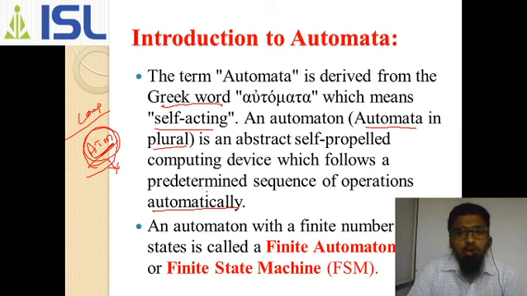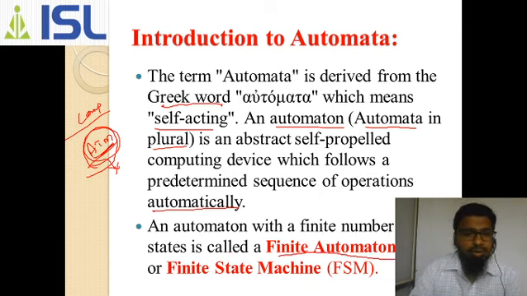So this is self-acting. Automaton is singular, and automata is plural. An automaton with a finite number of states is called a finite automata, FA, or finite state machine. I hope you remember the diagram from the previous class.